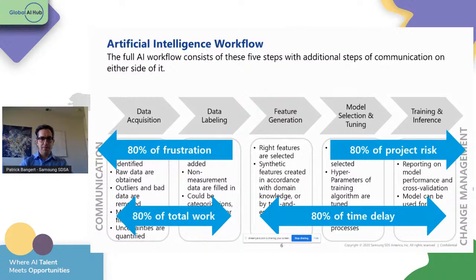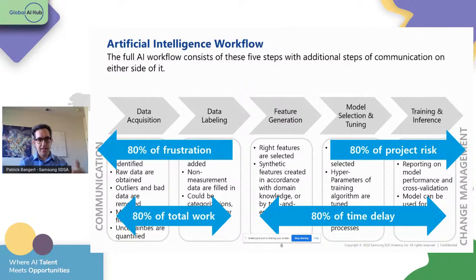So what can we do? I can't really help with the psychological parts of this. The frustration and the risk are managerial issues that you have to deal with in your projects by human-to-human interaction and planning correctly. It is the 80% of the work and the 80% of the time delay that I really want to talk about in this presentation from an artificial intelligence point of view.